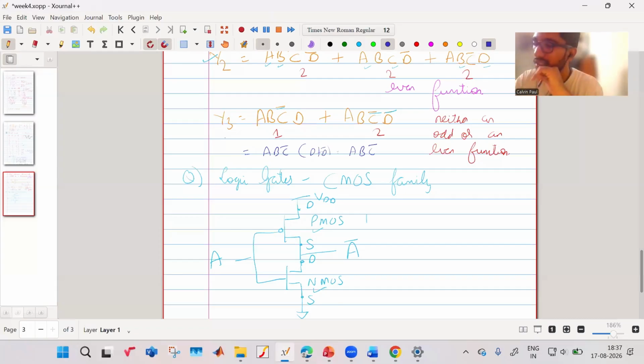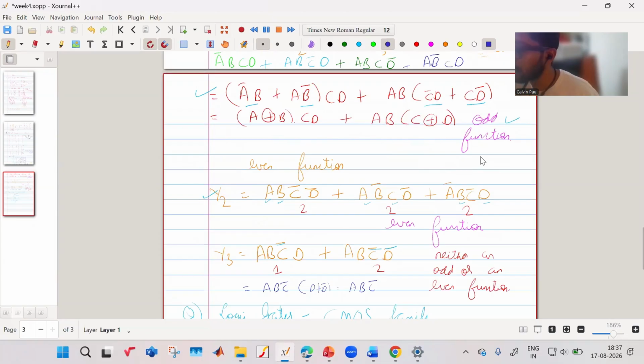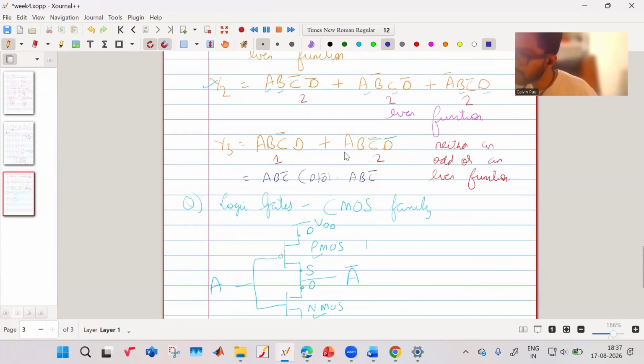But still, I'm not sure whether we can call it odd or even. We can't exactly say. Because if you see the even functions and all, you cannot simplify. Odd function also you cannot simplify. But here, if you are able to simplify, then I'm not sure. Okay, let us not consider this case. Let us consider a case where there's an odd function or an even function. Only those two cases.